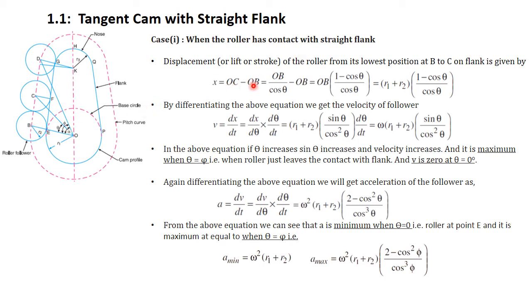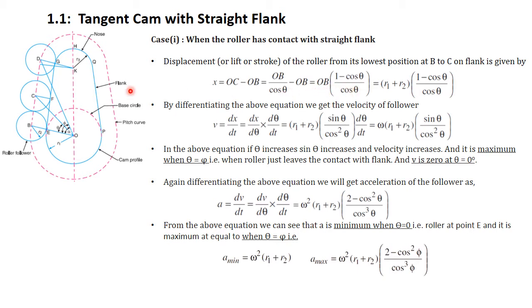So we write here x is equal to OB upon cos theta minus OB. So moving ahead, if we take OB common, then taking the denominator as cos theta, the equation becomes x is equal to OB into (1 minus cos theta) upon cos theta.